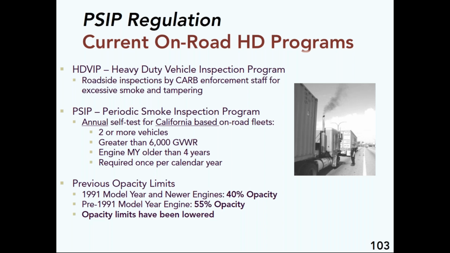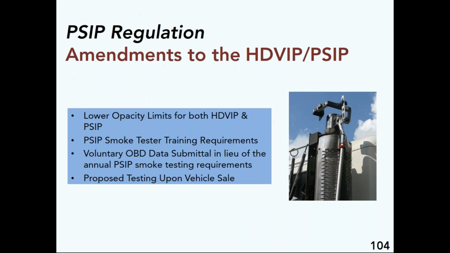Now, somebody earlier was mentioning opacity limits of 40%, 55%, and I kind of was hemming and hawing on that because those were the old opacity limits for this test. They have been lowered because the advent of filtration technology actually makes those levels not applicable anymore.